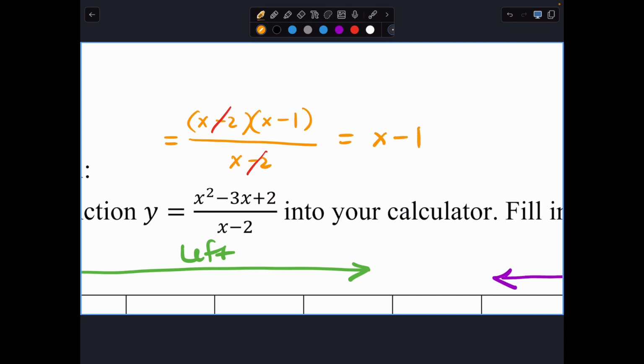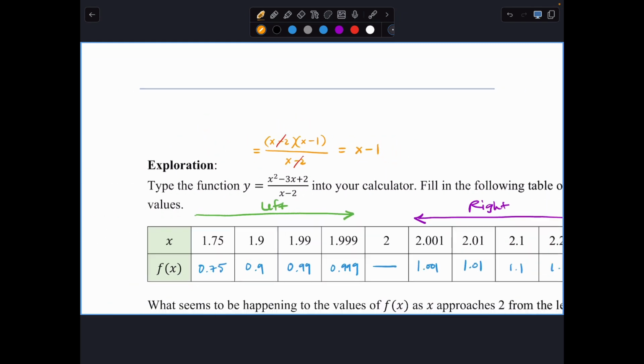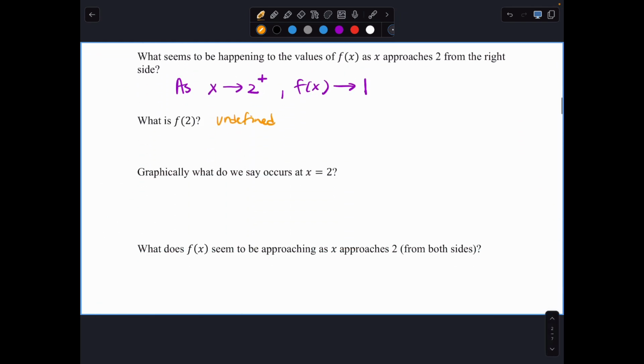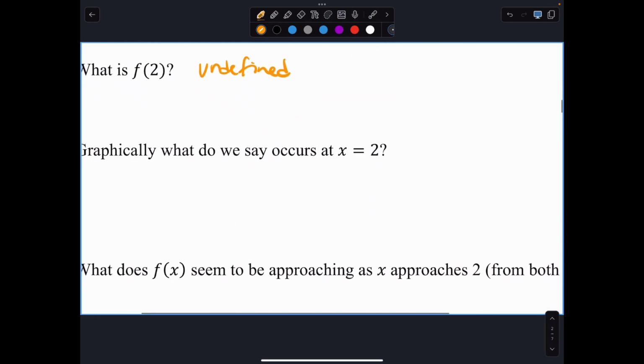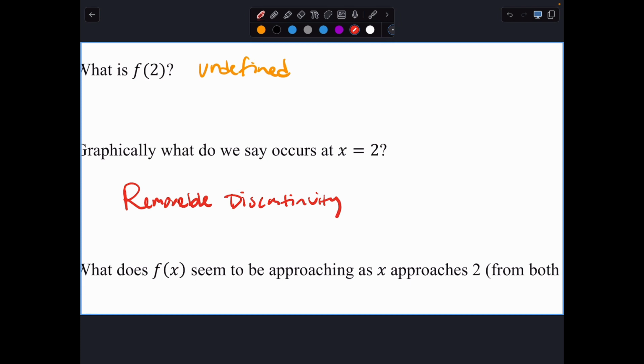So the graph will actually look like the line y equals x minus 1, but it'll be undefined at x equals 2, and there will be a removable discontinuity, more specifically, a hole.